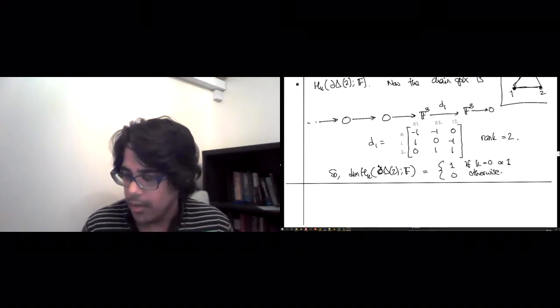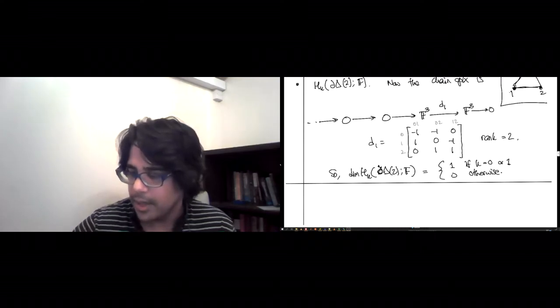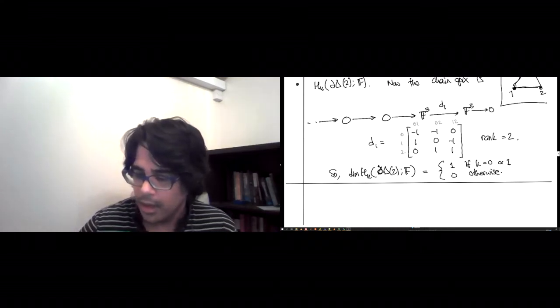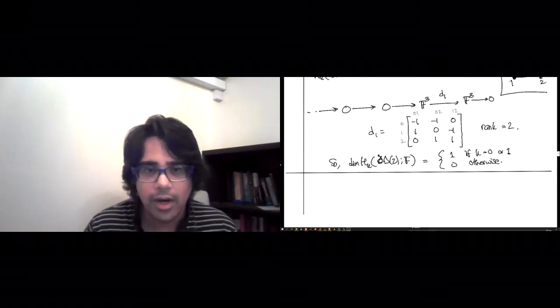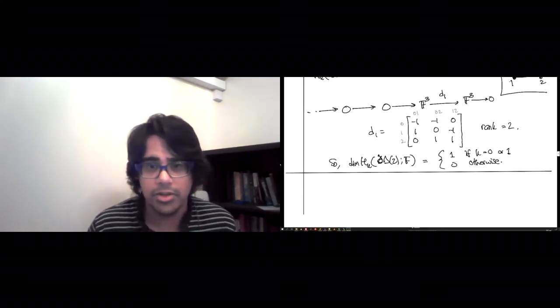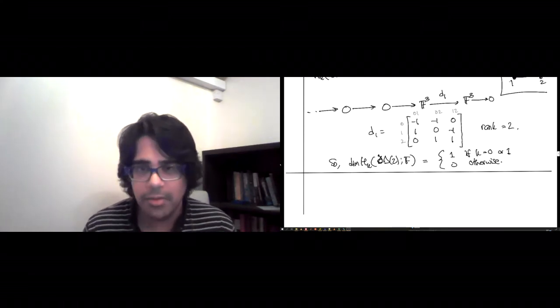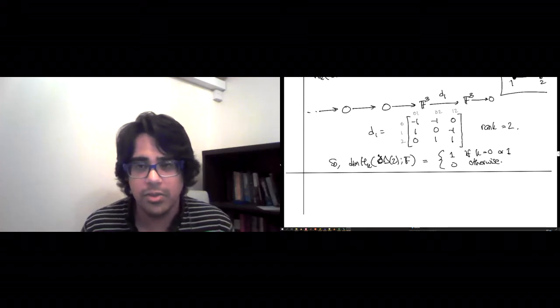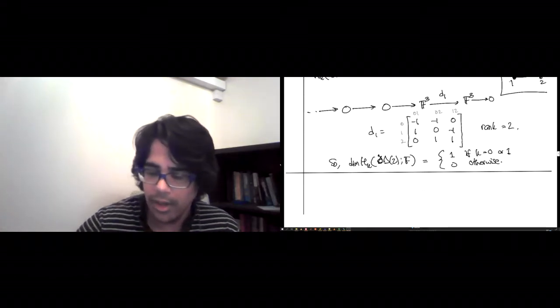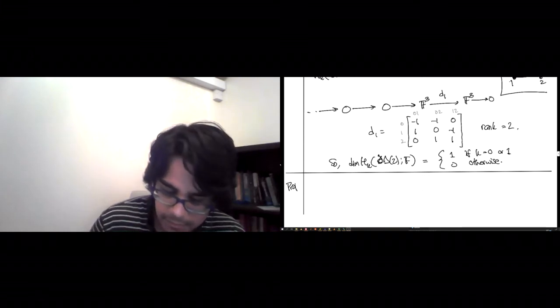Okay, good. It seems that if all you care about are the Betti numbers and not anything more intricate about the homology groups themselves, then the ranks of these boundary maps, the ranks of D1, D2, and so on, are playing an important role. And you can make this very, very precise.